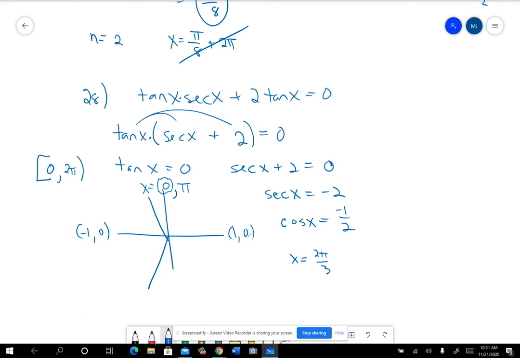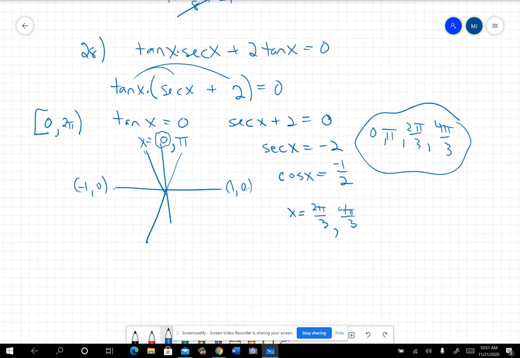And then if you go to here, so that's 1 pi over 3, 2 pi over 3, 3 pi over 3. Right here would be 4 pi over 3. So you get 0, pi, 2 pi over 3, and 4 pi over 3 for this one.